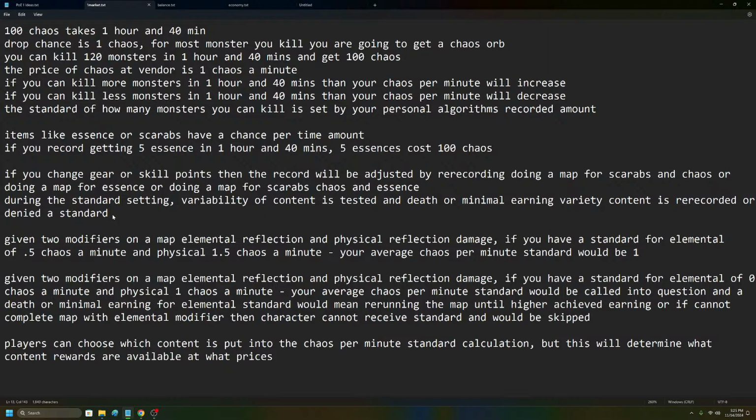Alright, so if you would have done bad in Delve, let's say you get 0.5 as your Chaos Orb standard.